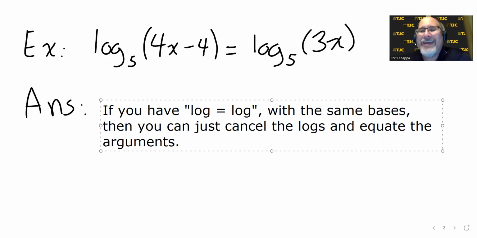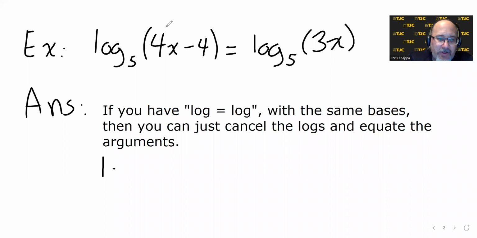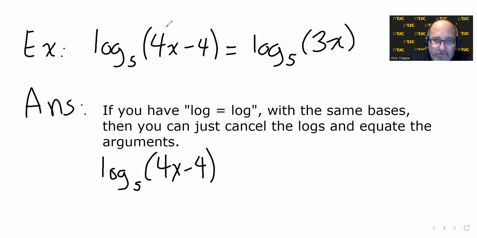Now, it's important to point out that this only works when there's exactly one log on both sides, which is what we have here. So in this problem, what we can basically do is take our equation, log base 5 of 4x minus 4 equals log base 5 of 3x.